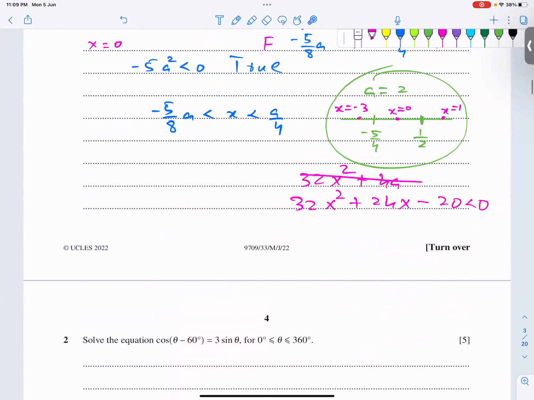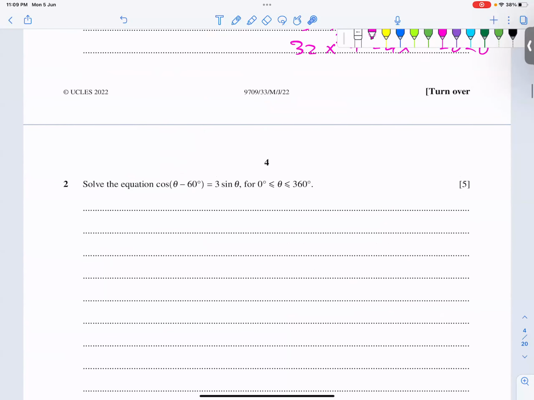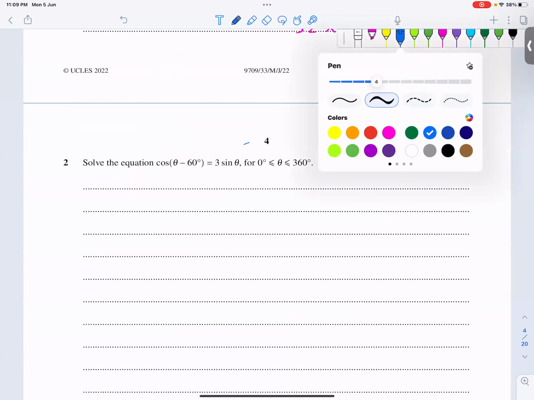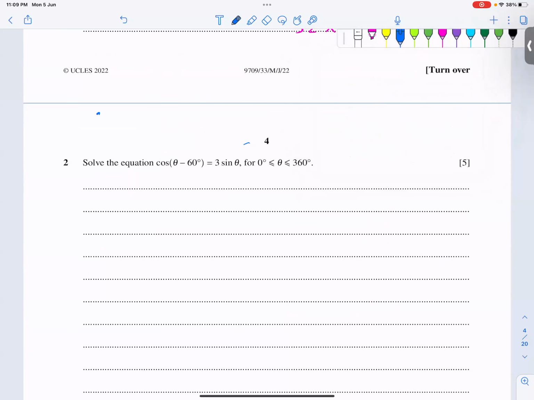Okay, so moving to the next question. This is from trigonometry. Solve the equation cos(theta minus 60) is equal to 3 sine theta. Whenever you have these types of equations, like if you have cos(theta minus 40), let's suppose, never ever open this.